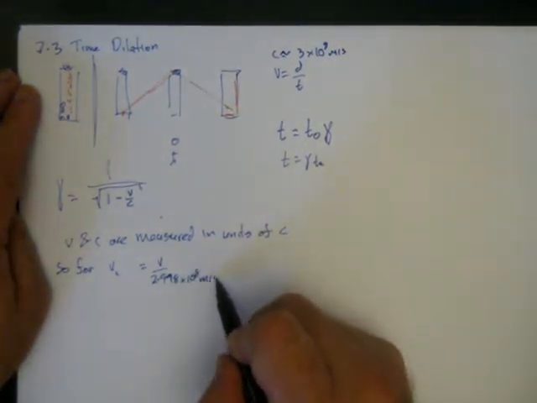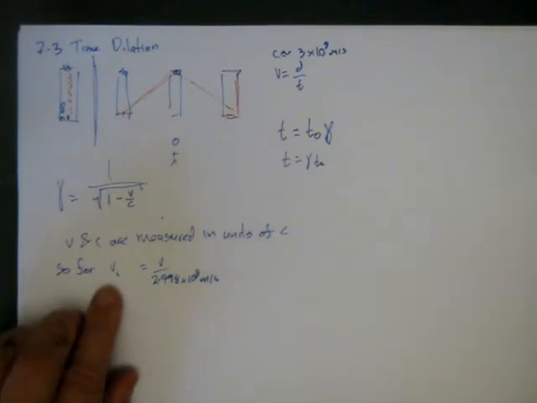So we basically figure out what proportion of the speed of light that velocity is, and it's going to be a number between 0 and 1.